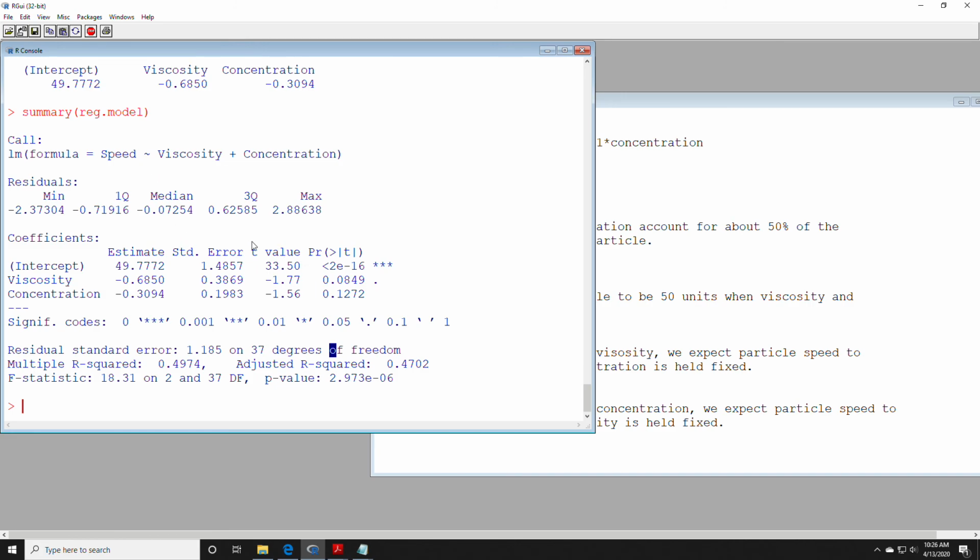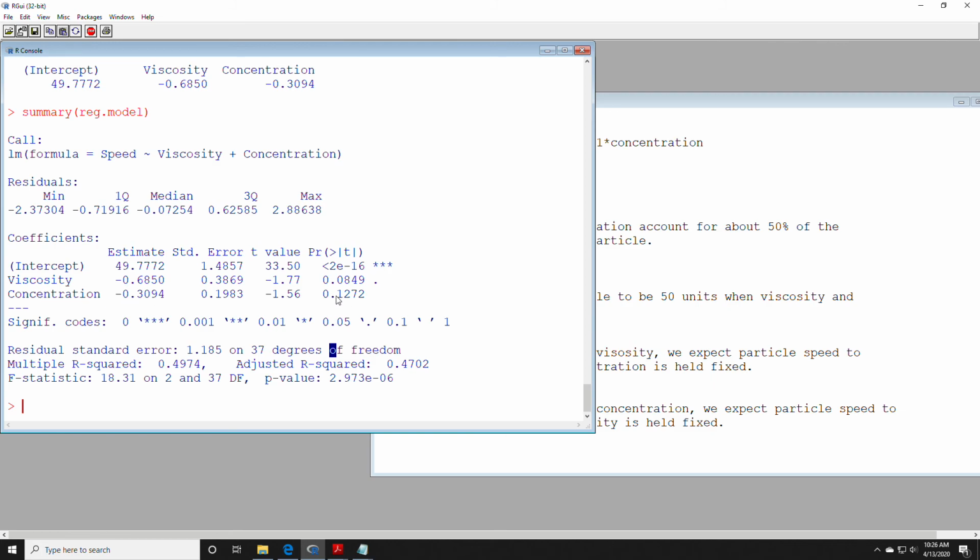Okay, so first thing we might look at right here, p-value, 0.01 is the level of significance, okay? 0.08 is greater than 0.01. This p-value suggests that beta 1 could be equal to 0, and thus viscosity is not useful.